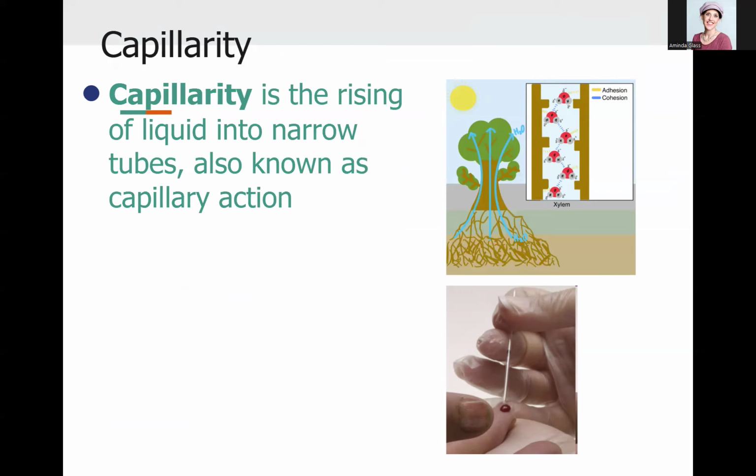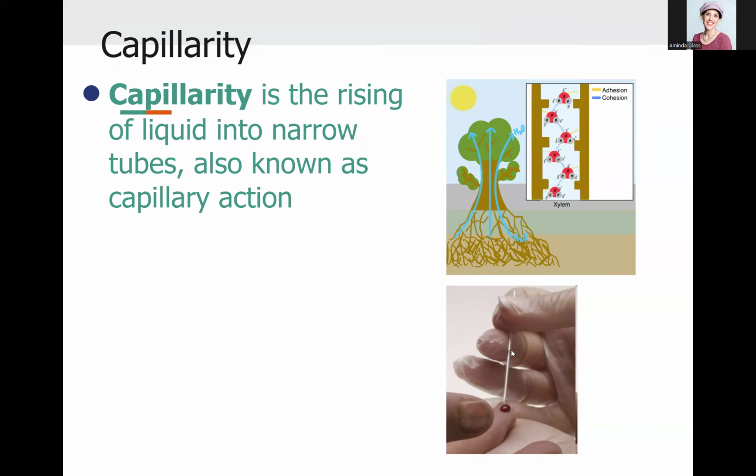Capillarity is the rising of liquid into narrow tubes, and we call this capillary action. So if you get your blood drawn, sometimes if you do a finger prick, they'll take a blood sample and it'll just be pulled up inside this little tube. It's called a capillary tube, and then you have a little sample of blood there.